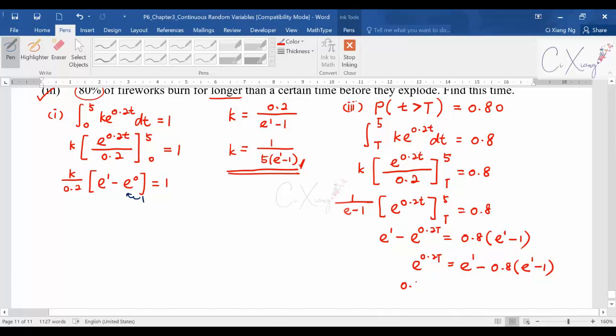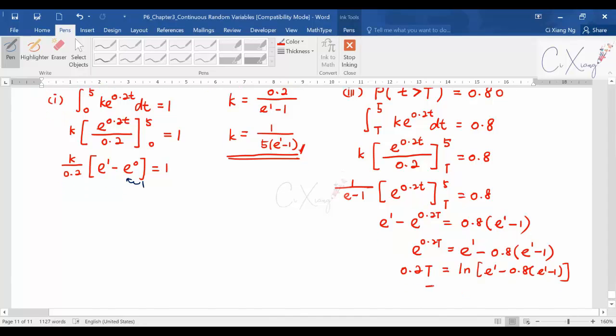When you take ln both sides, you have 0.2t equals ln of e^1 minus 0.8 (e^1 minus 1). When you press the calculator, please be careful on all these parts. Then you bring the 0.2 over, you will get the value 1.48 for t.